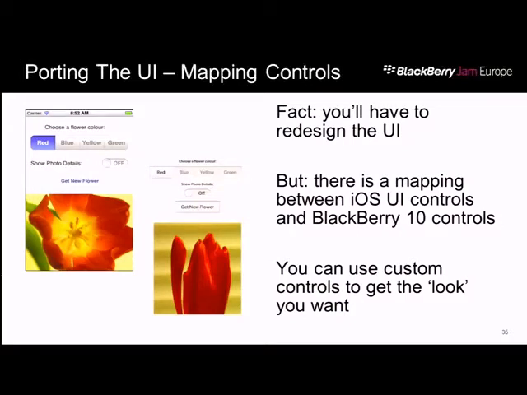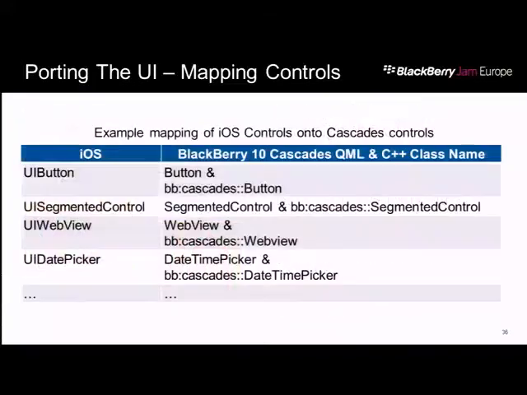Now, I reckon that with your application, where appropriate, you can actually do this mapping and reuse some of your UI design. But what is key, you must remember the UI guidelines and what makes a great BlackBerry 10 application. And that's the kind of rework that you have to do. And as I said earlier, you can, of course, create custom controls if you need to give a particular look and feel.